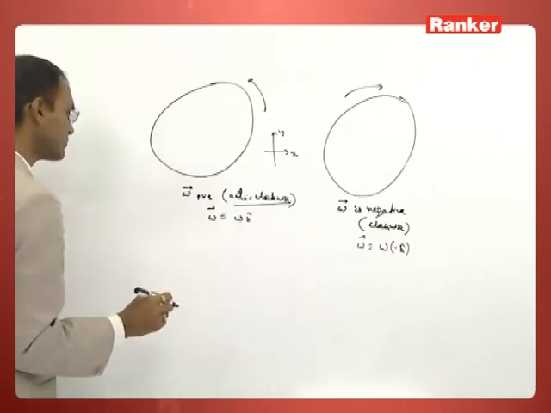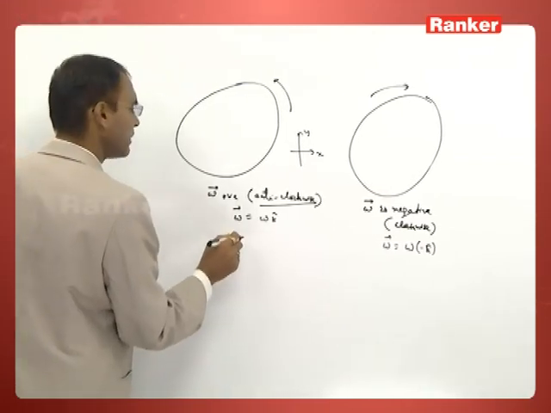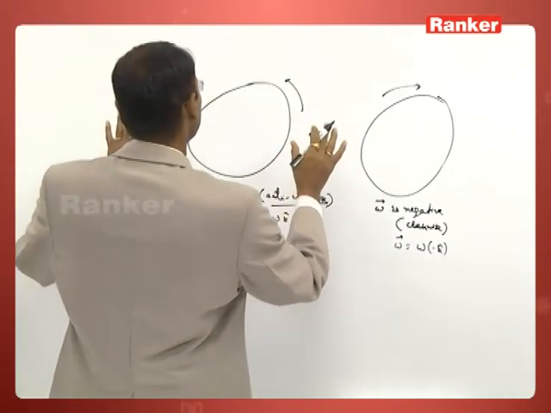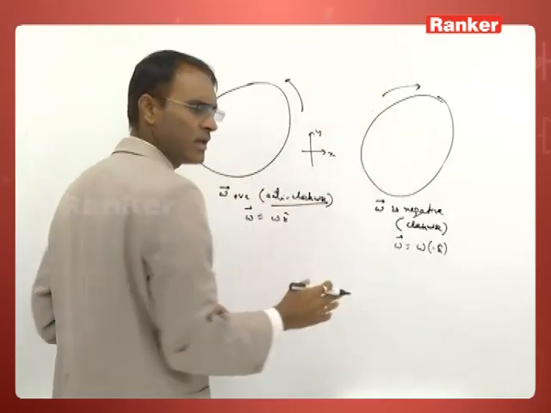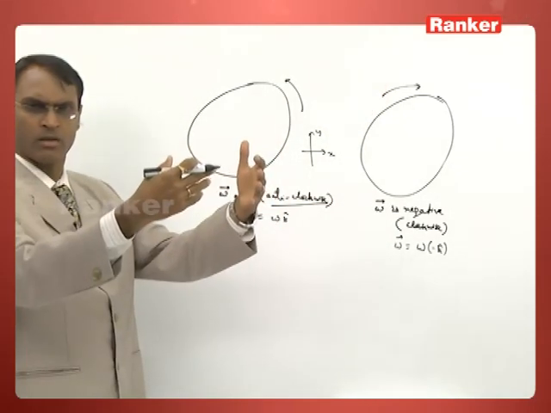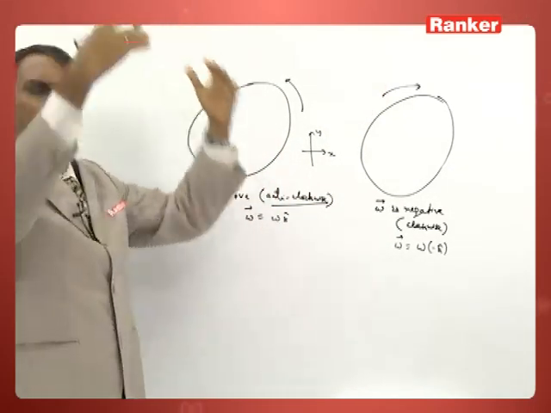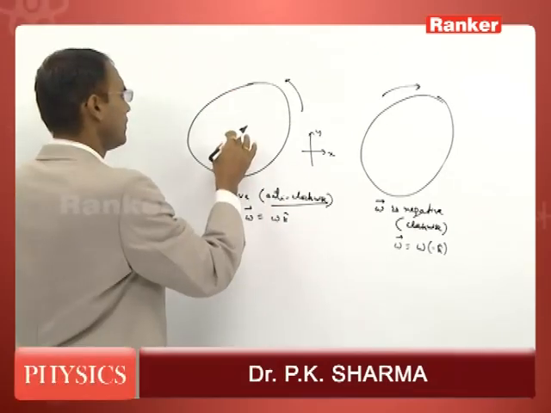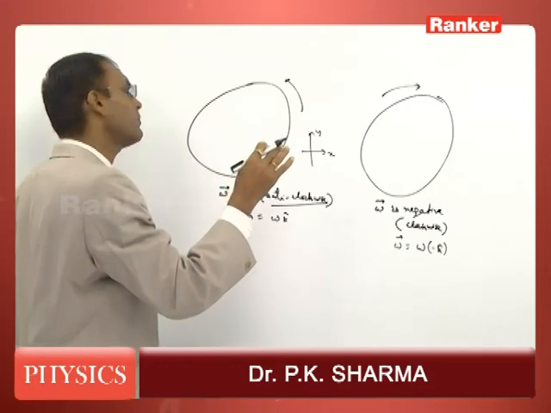Therefore, angular velocity can be given as anticlockwise or clockwise when it is rotating in one plane in front of you or above you. You can say clockwise or anticlockwise, or along a particular axis.